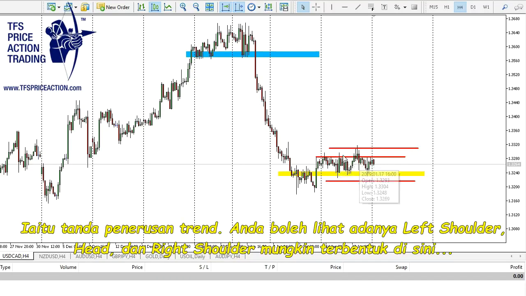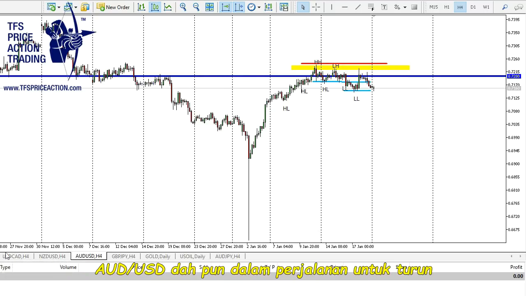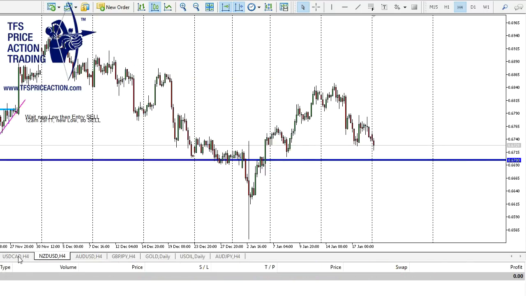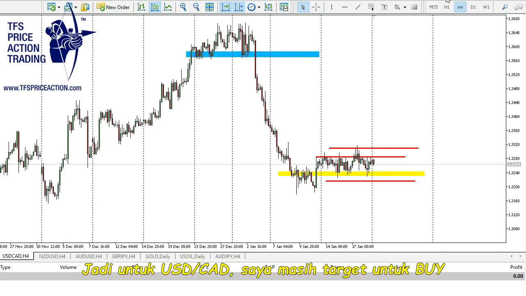You can see there's a left shoulder here, there's a head, and the right shoulder might be forming here before it goes back down. But again, like I've explained, AUD USD is already on the way down, and NZD USD is starting to go down even further. So for USD CAD, I'm still targeting to buy.